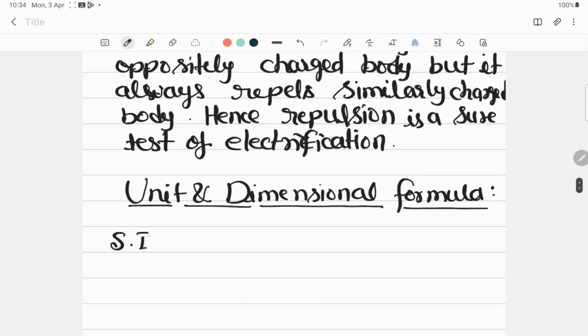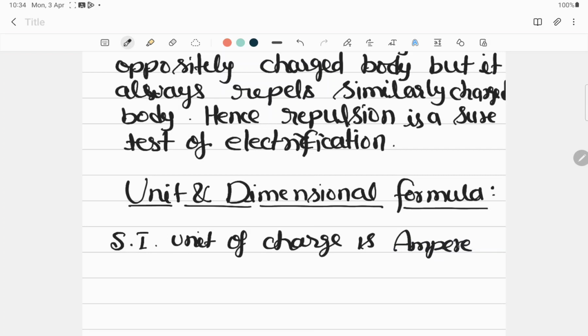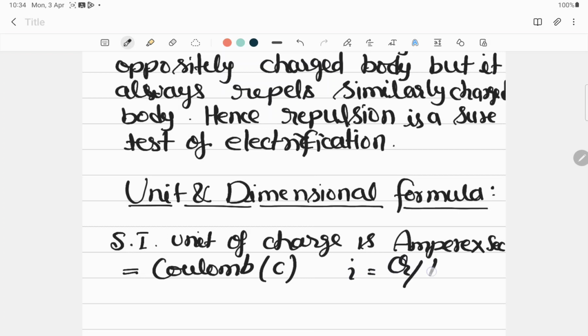So international system unit, it means SI, unit of charge is ampere into second, means is equal to coulomb, C. According to the formula, I is equal to Q by T. Q is the charge, T is the time, so I is the current.